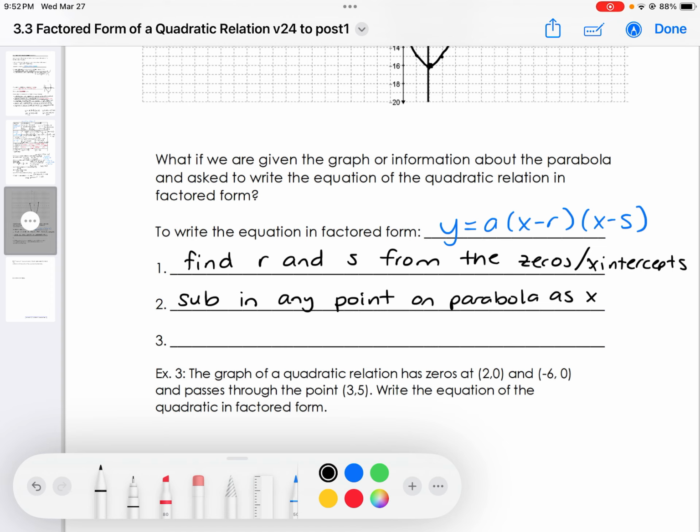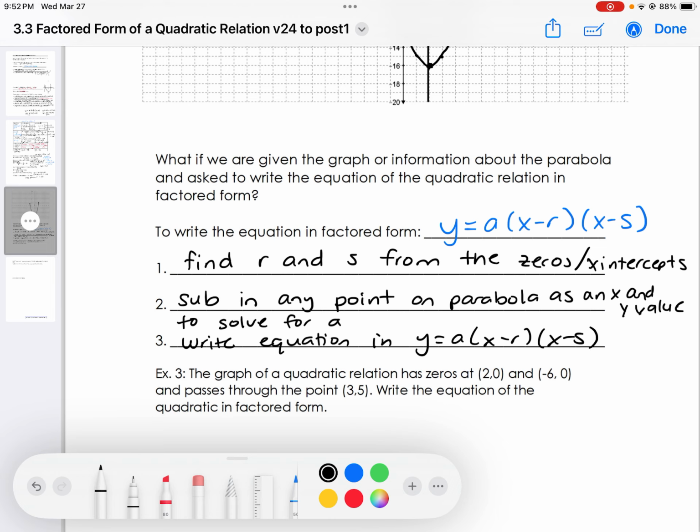Sorry, I guess it's only one, as an X and Y value to solve for A. Okay, and then you can write the equation in y equals a, x minus r, x minus s.